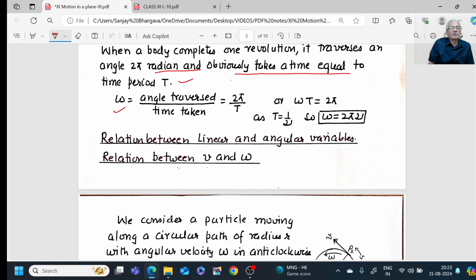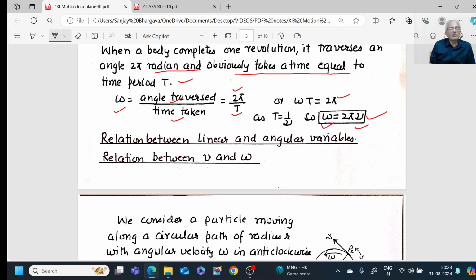So omega can be written as angle traversed upon the time taken. So 2 pi is the angle traversed and T is the time taken. So omega into T is 2 pi. Remember, T is equal to 1 upon nu, so omega can be written as 2 pi nu. This gives me a relation between angular velocity and the frequency.